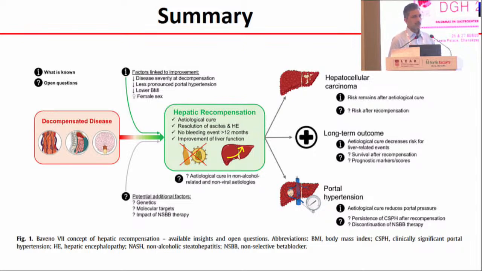There are potential factors which can affect this, maybe the genetic factor, that is female gender, maybe low BMI, decrease in portal pressure, but these patients are still at risk of HCC and again decompensation because of recurrence of the etiological factor. So these patients should always be followed up.